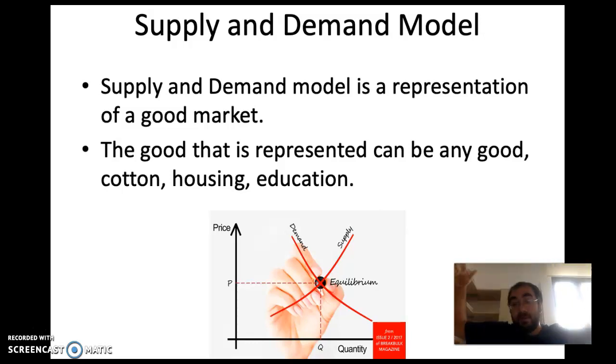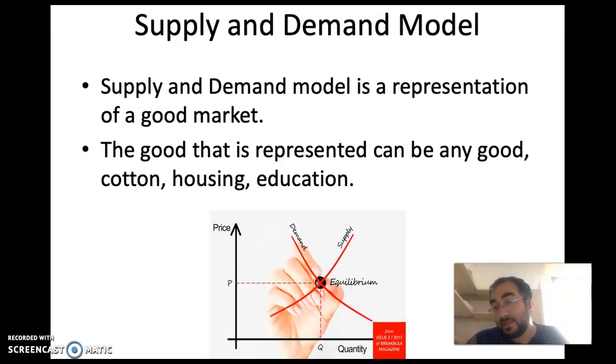Housing is kind of a bigger thing, which is tangible but has more meaning. For example, the neighborhood where you live is not represented by the shape of your house, unlike cotton, where all the characteristics are in its material being, but not all characteristics of housing are in its material being.